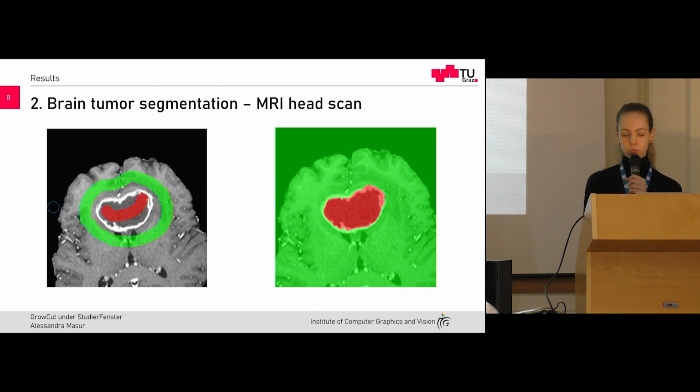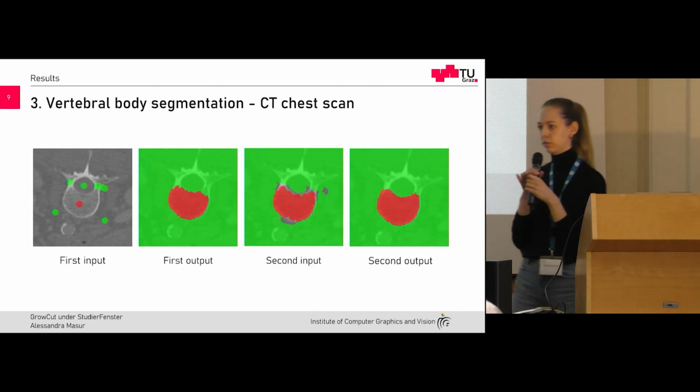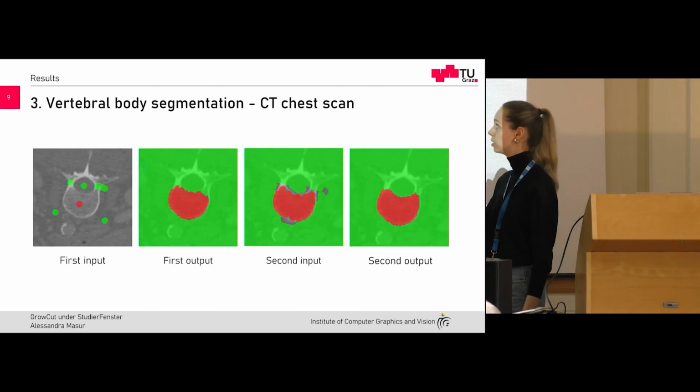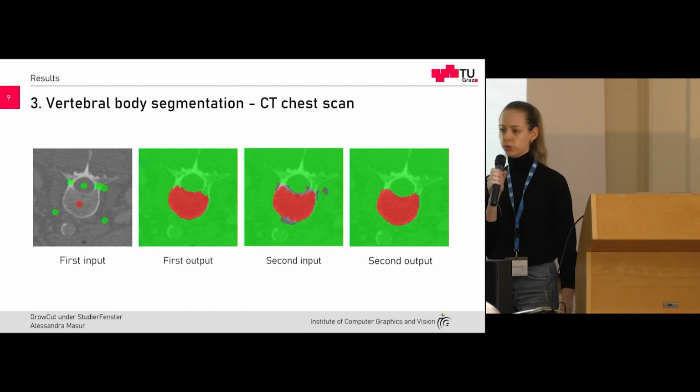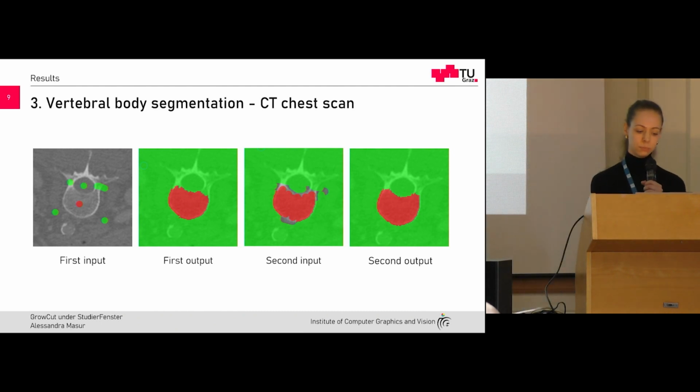And if you continue to the next result, this is a vertebral body segmentation, and this is a CT chest scan this time. And here the GrowCut was actually executed twice. So you see the first input, which has quite minimal input actually. Then the corresponding output after running the GrowCut for the first time.